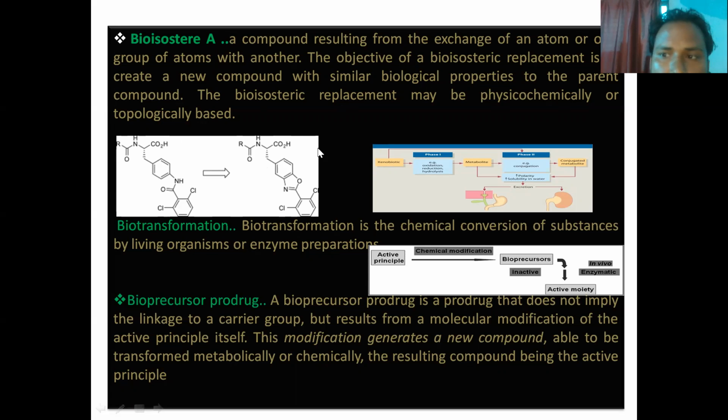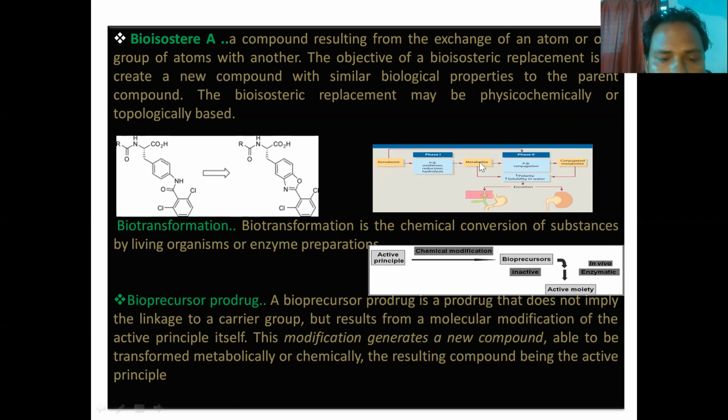Okay, so next we will discuss biotransformation. Taking one example, you can see this figure. In this figure, if you take any xenobiotic, meaning any drug, then what happens here? Two phases are involved. First of all, transformation into metabolites, active metabolites.